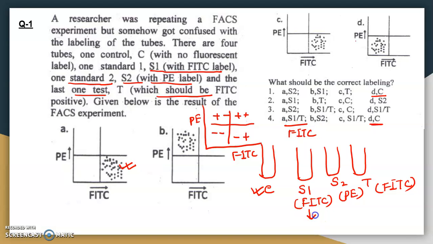So S1 is A, and T is also here. S2 will be PE positive, so this one is B, that is PE positive. And T is the same as S1. So the answer is option 4, the correct answer.